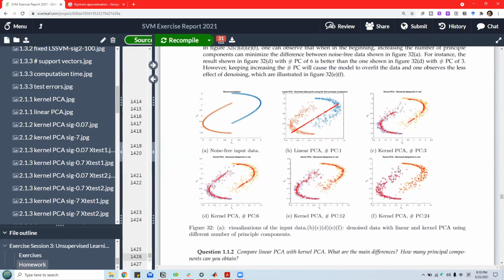That's why you need to optimize and tune which number of principal components is best suitable for your kernel PCA.